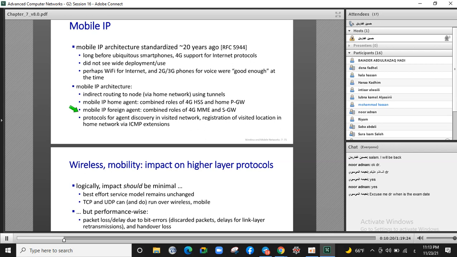We need ICMP extensions. So we use ICMP extensions as a discovery protocol to announce that the mobile device is placed in a specific network over the internet. We announce its new location.